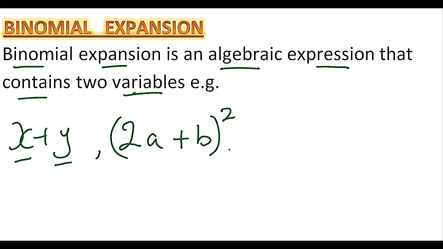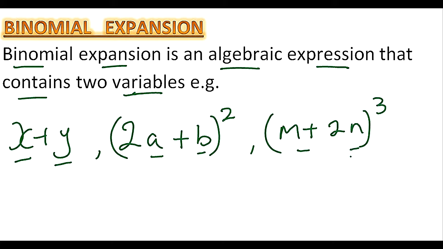So that's also a binomial expansion. So a is a variable, b is a variable. Another example is (m plus 2n) cubed. So this is also a binomial expansion where m and n are the variables.